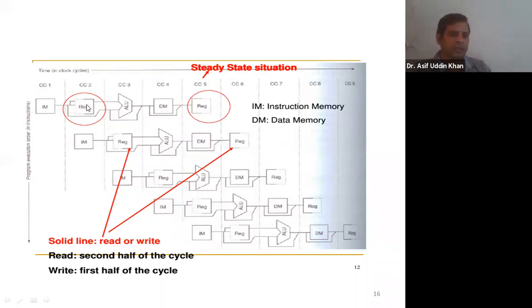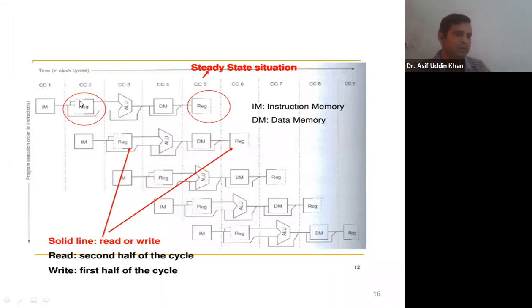So in clock cycle number 2, instruction 1's ID stage is performed: in the first half, the decode operation is done, and in the second half, the register read operation is done.